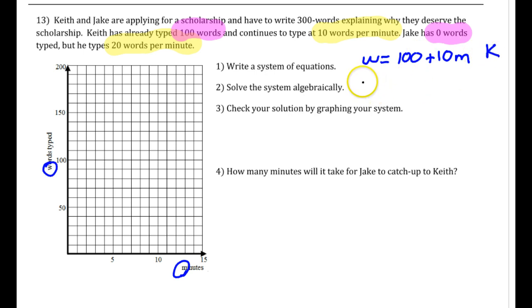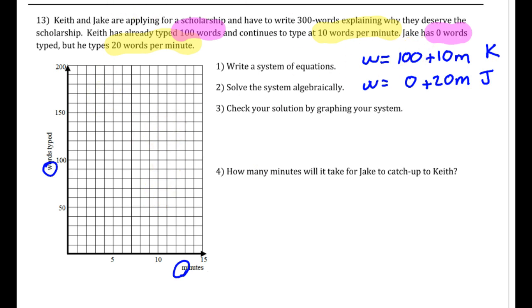And then for Jake, his words: he doesn't start off with any, he starts off with 0, but then he types 20 words per minute. There's Jake. So let's graph those and see how those go.